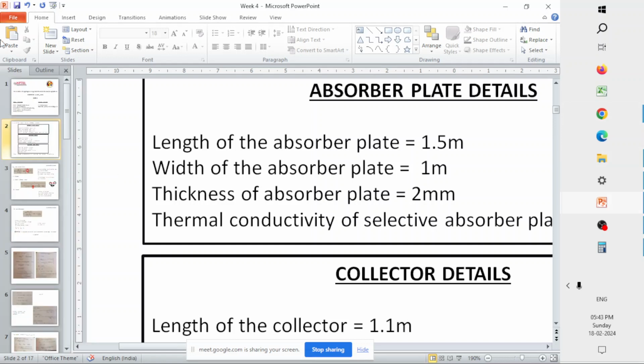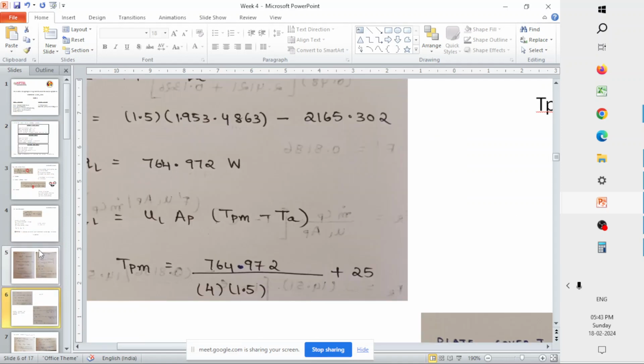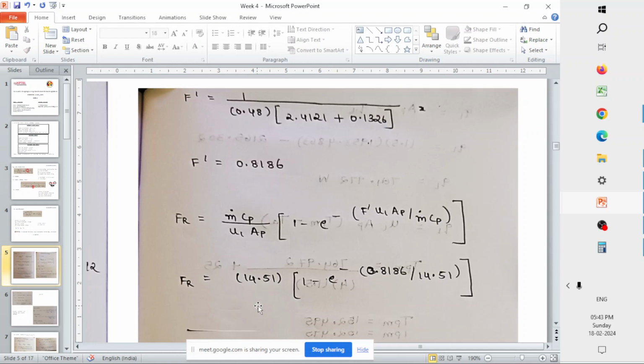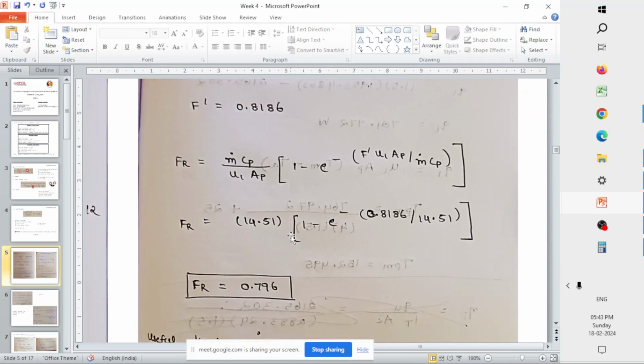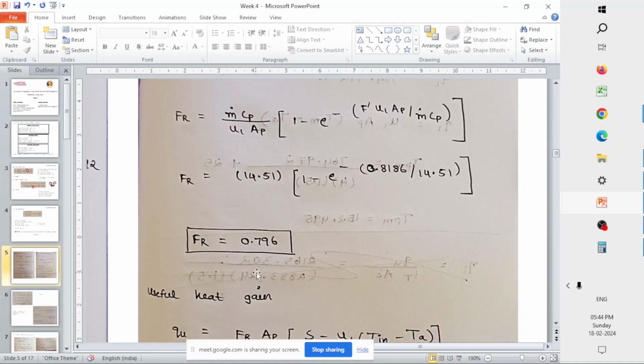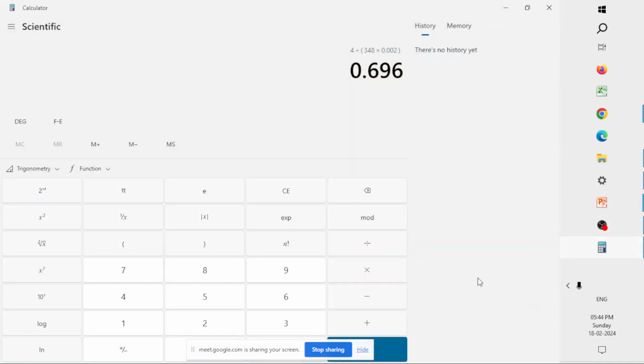So 1.5 times 1. So if you calculate this value, what you are going to get is 14.51. So you know m dot Cp by UL AP. So this is just F dash times the inverse of this term. So if you multiply all these things, you will get FR value as 0.796. Let's just try calculating.